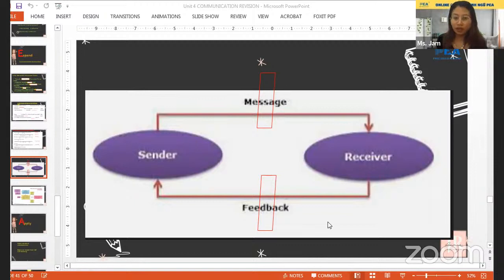One will be the sender and the second one will be the receiver. The question is, if we have misunderstanding, who is the wrong one? Is it the sender or the receiver, and why? I want you to talk for 3 minutes about why it is their fault, and then let's have a debate later.